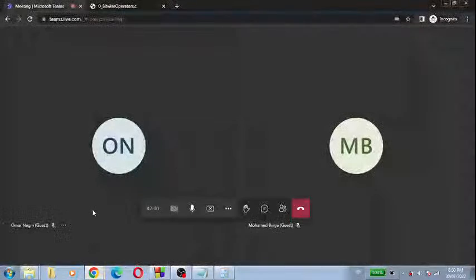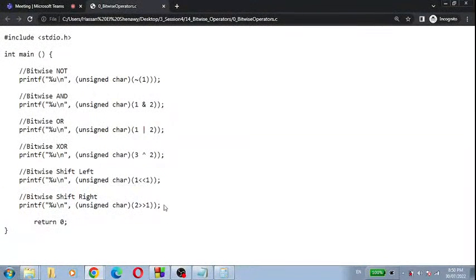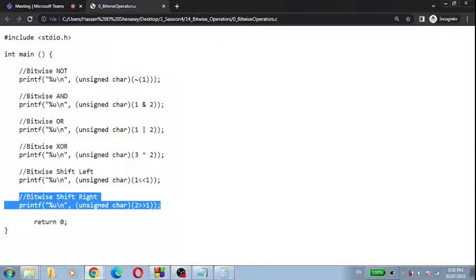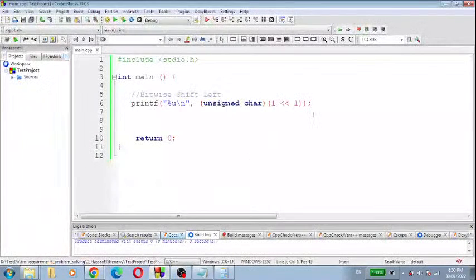The last one is going to be bitwise shift right. I have 2 to be shifted to the right by 1.